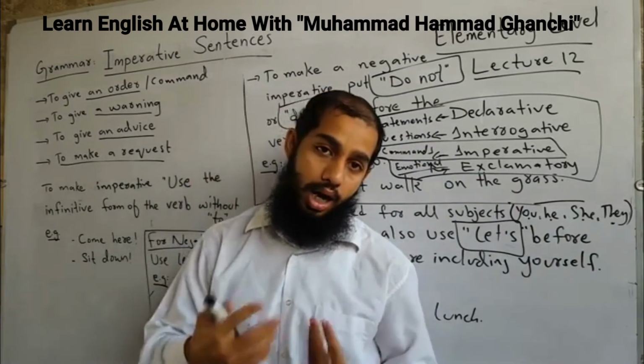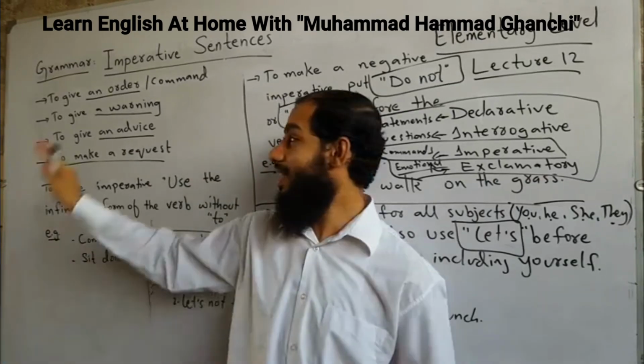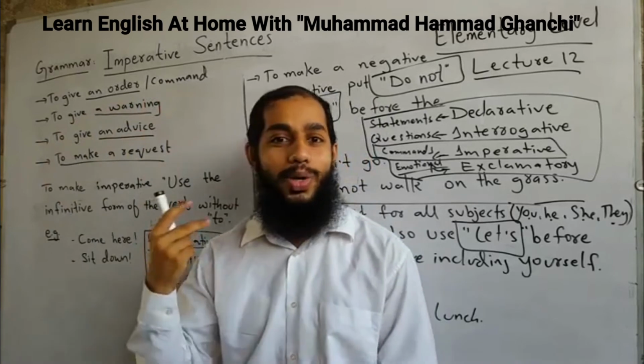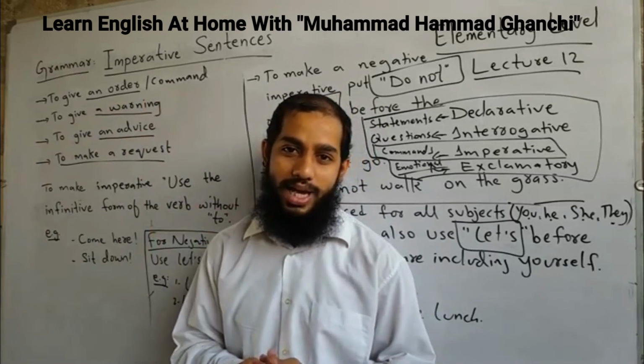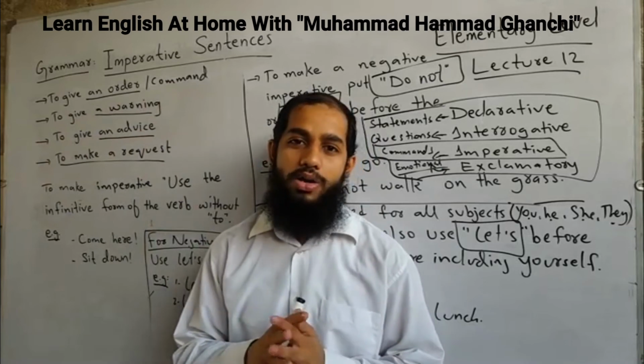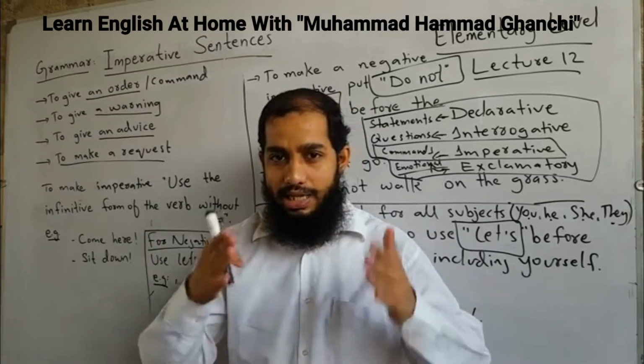When and how you can identify, पता कैसे चलेगा कि ये order है, warning है, request है कि advice है. तो उसको मालूम करने के लिए हम और अंदर जाएंगे और study करेंगे. We will learn how we can differentiate.